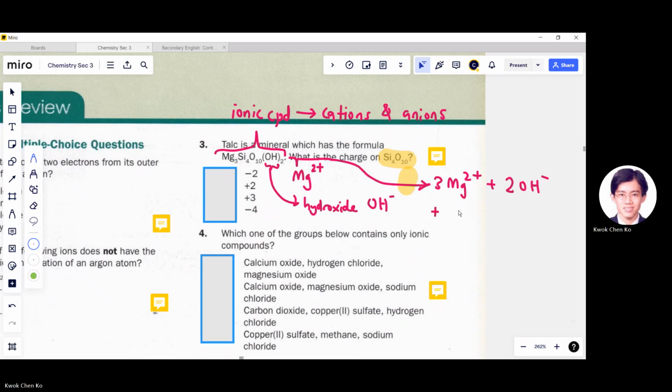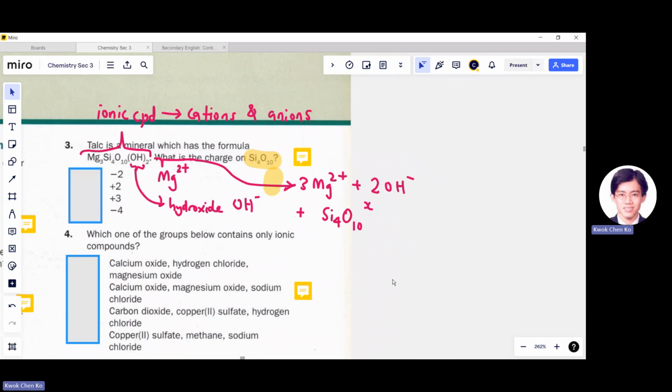And 1 silicate ion. No need to know the name, but it's a silicate ion. Okay, unknown charge. So how? Well, you can do your algebra. Notice the whole compound is neutral. Overall neutral.